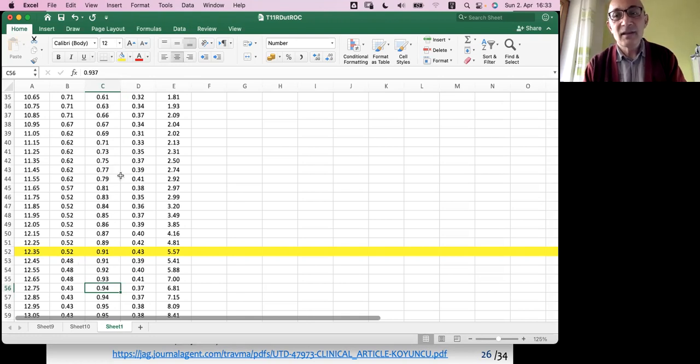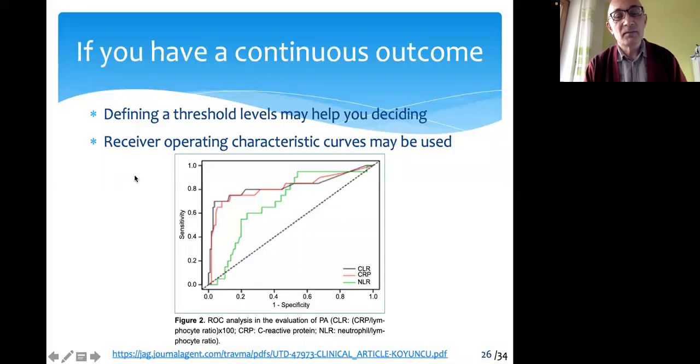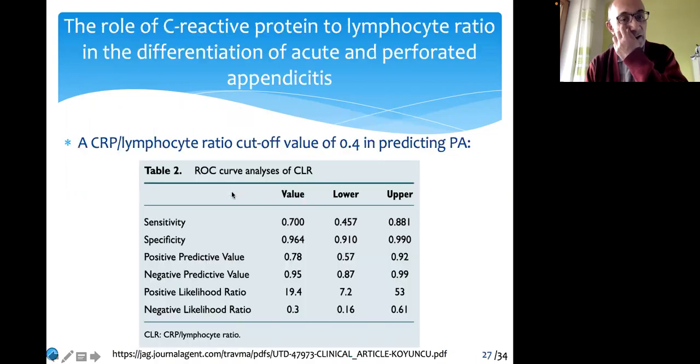But this is not an ideal data set to demonstrate this to you, I know it. Even this graph here is not ideal. You see, this is the 50% line. If your ROC curve is approaching this line, that means it has less value. So you should have a ROC curve with the highest point approaching this corner, and this is not the case in this example.